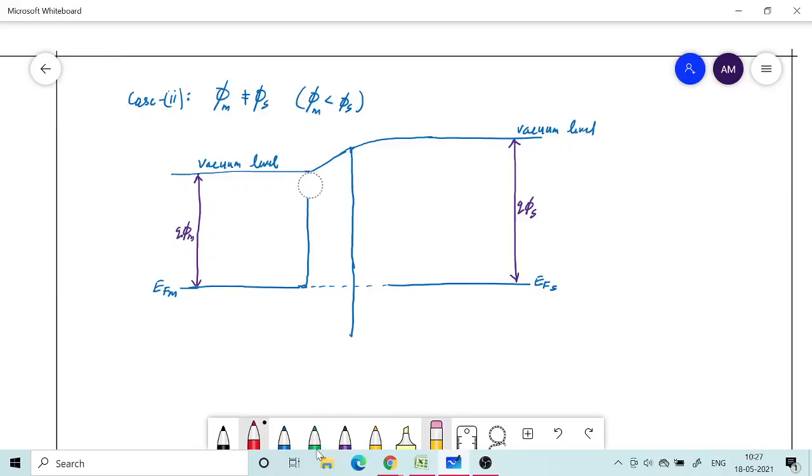I have extended it, I don't need to extend it. So this is my conduction band, and somewhere here is my valence band.